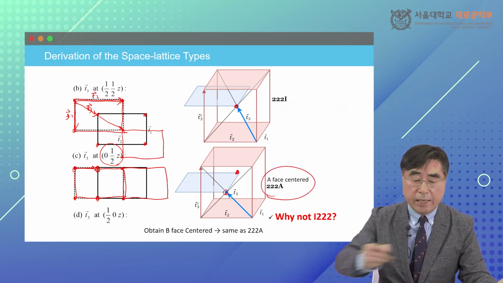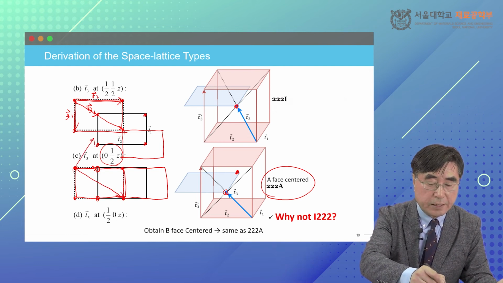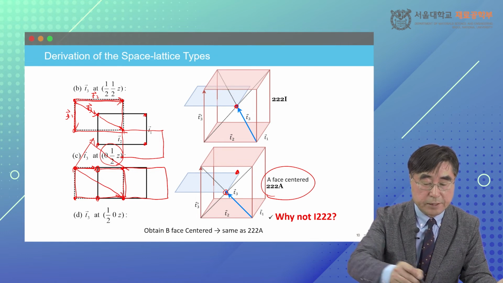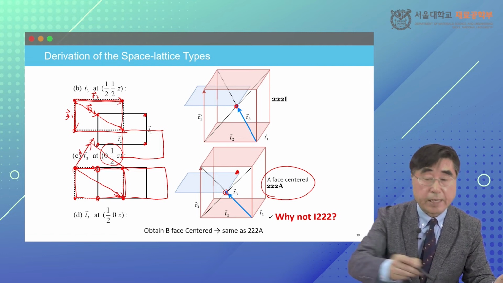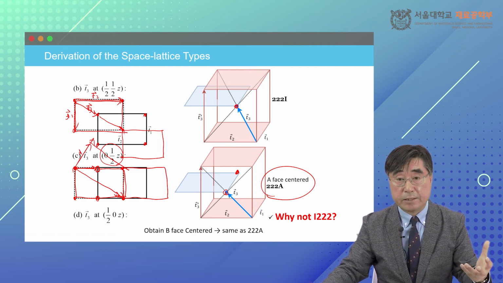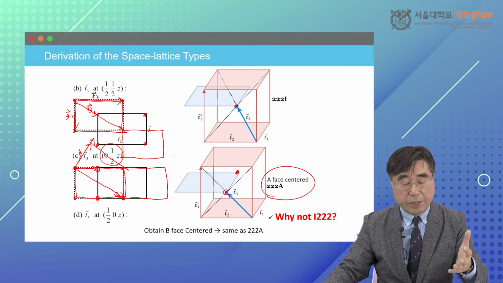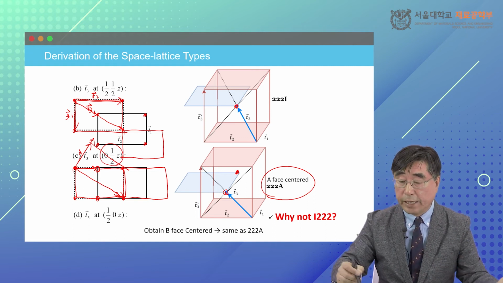Okay, I cannot define the T1 vector and T2 vector like this, as I explained to you about the monoclinic crystal system. In this case, the T1 vector and T2 vector cannot have 90-degree angles. So this is something you cannot do. So you have to find that the extra lattice points are located at the center of the A positions.